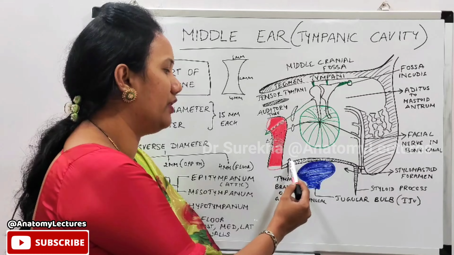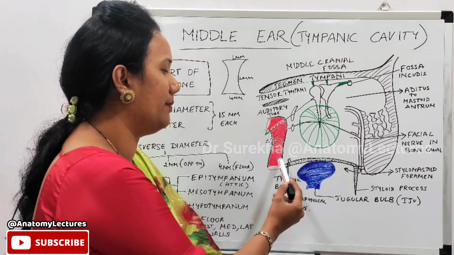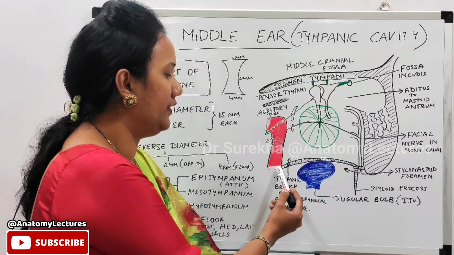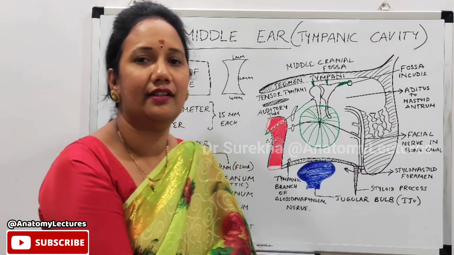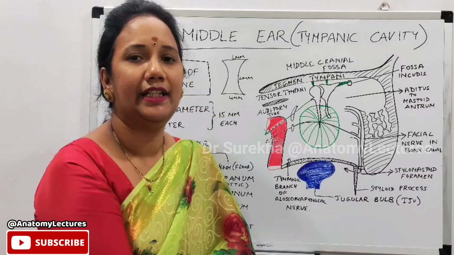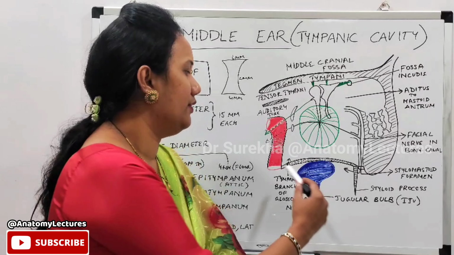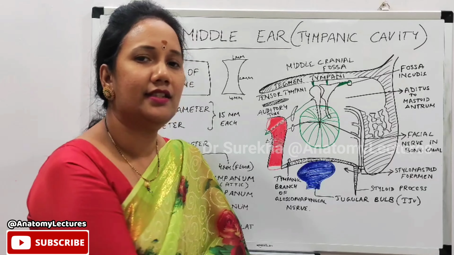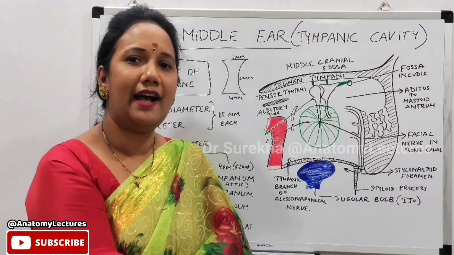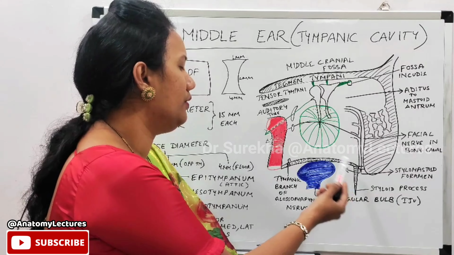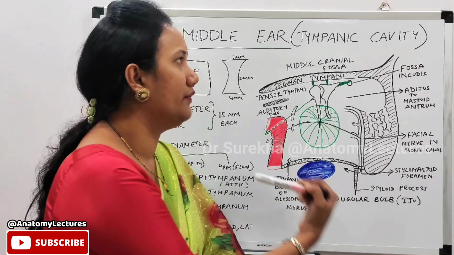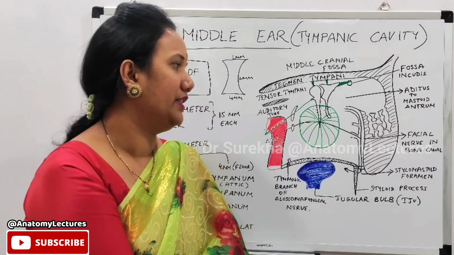Through this foramen, the tympanic branch of the glossopharyngeal nerve will enter into the tympanic cavity. Sometimes this floor is pierced by accessory mastoid air cells also. So that is about the floor of the tympanic cavity.